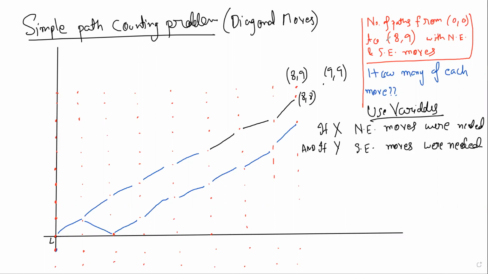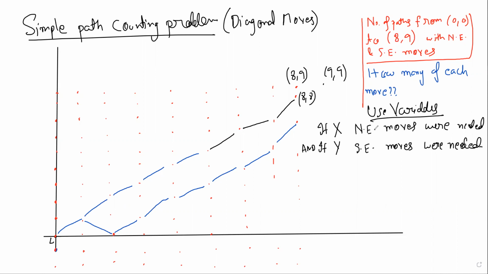If we are in abstract, just saying x northeast moves were used, and let's say y southeast moves were used or were needed, depending on how you approach it, then what could you say? Where would you reach if x northeast moves were used and y southeast moves were? Then what would be the x coordinate of the place where you reach?